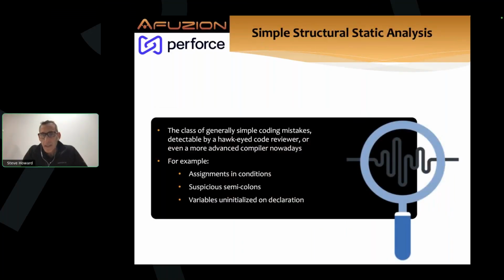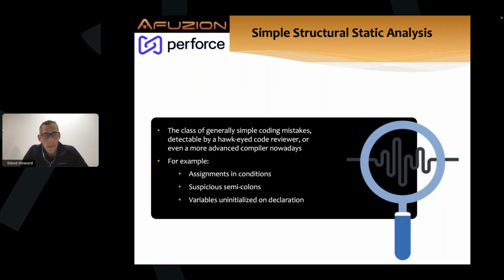Simple structural analysis, what we had to begin with, is something that a hawk-eyed code reviewer or even compilers nowadays will often report. We're talking about simple mistakes like assignments in conditions, suspiciously placed semicolons, maybe where we've accidentally closed the if condition before we've had the body of that if that was intended.